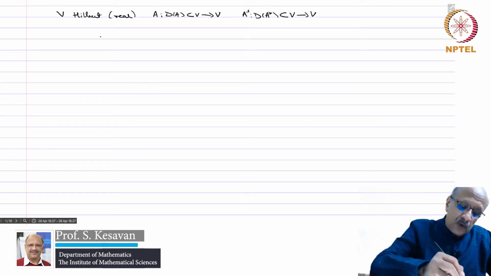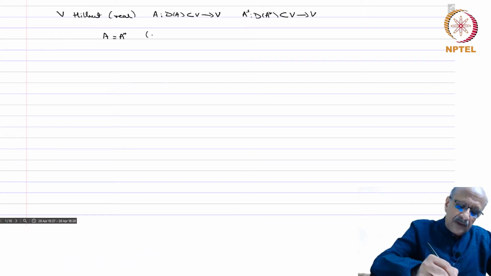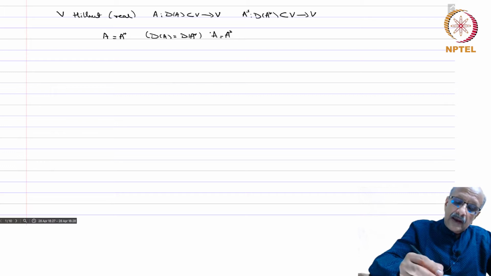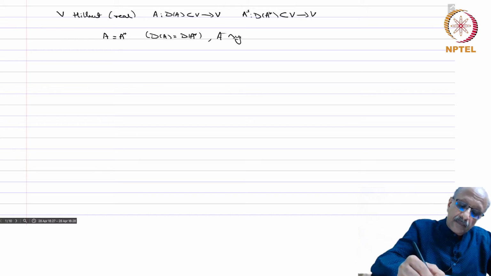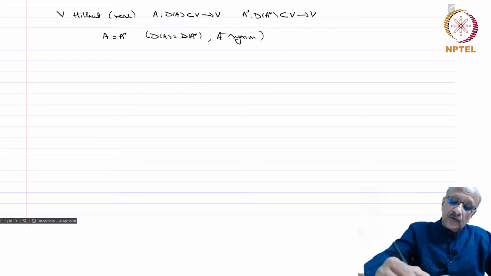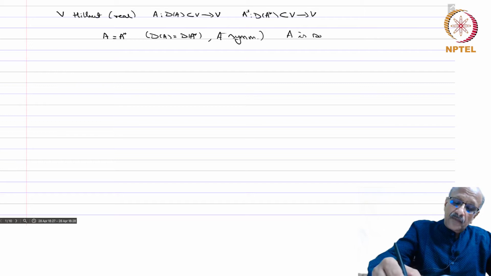And if you have that A equals A star, that means D(A) equals D(A star) and A equals A star, of course, and A is symmetric, as I said. Then you say A is self-adjoint.